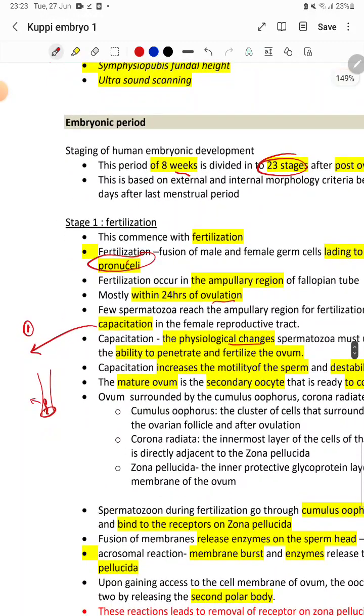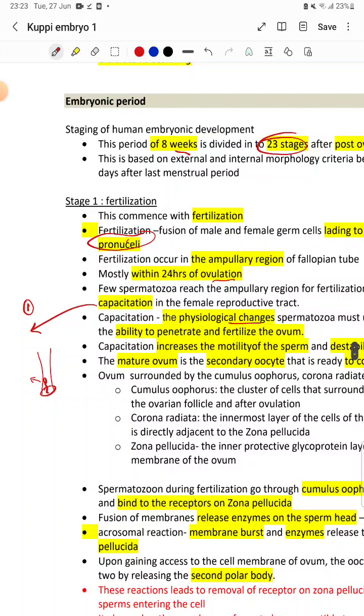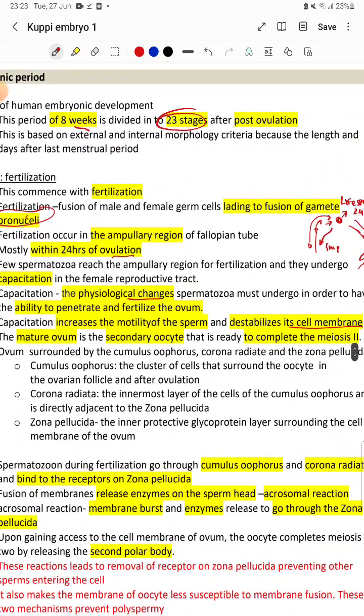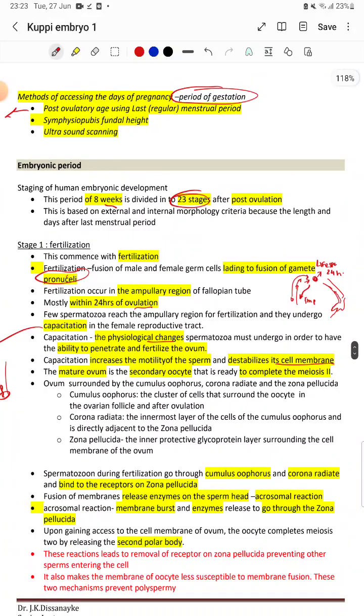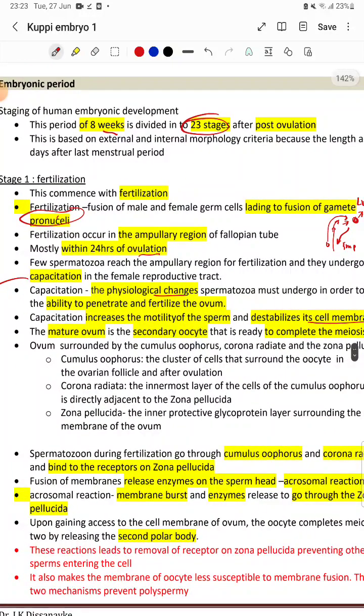This occurs due to uterine fluids and other conditions within the female reproductive tract. So this is what triggers capacitation. It takes a while, but once it happens, it's able to reach the egg.